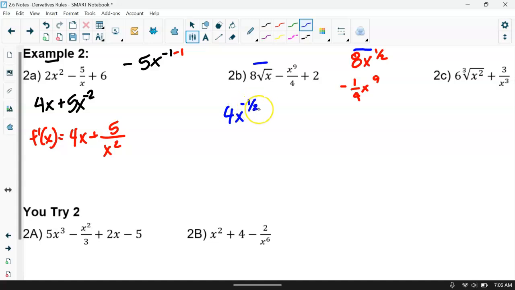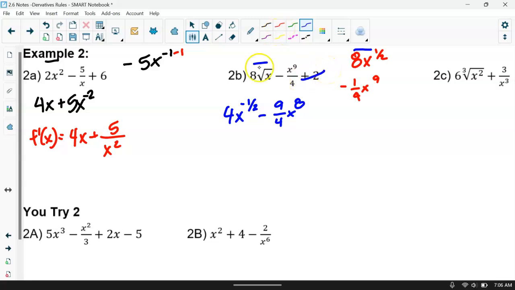Negative 1/2. Then here, when you multiply, using your constant multiple rule, what's your new coefficient now for the derivative? Negative 9/4. Then x to the 8th. Then what's our derivative of a constant? 0.